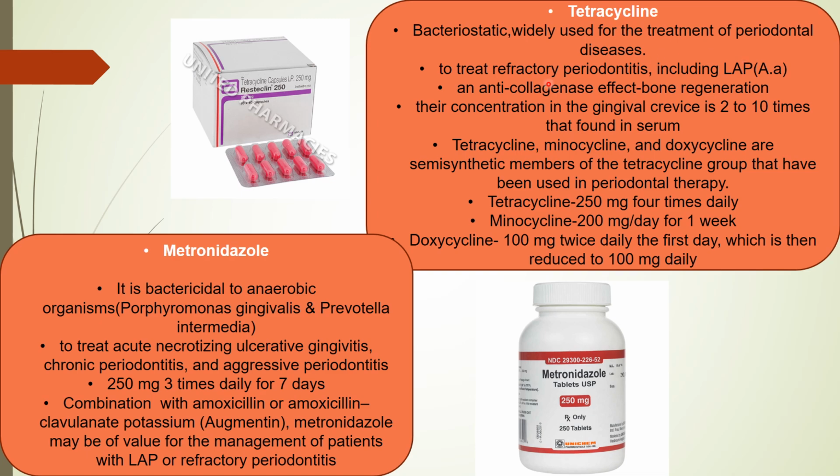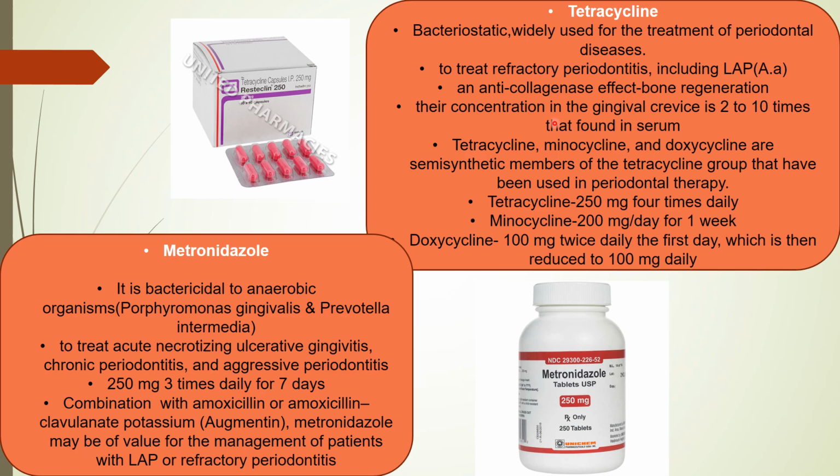It also has an anti-collagenase effect that leads to bone regeneration, and its concentration in the gingival crevice is 2 to 10 times that found in serum. Tetracycline, minocycline, and doxycycline are the semisynthetic members of the tetracycline group that have been used in periodontal therapy.